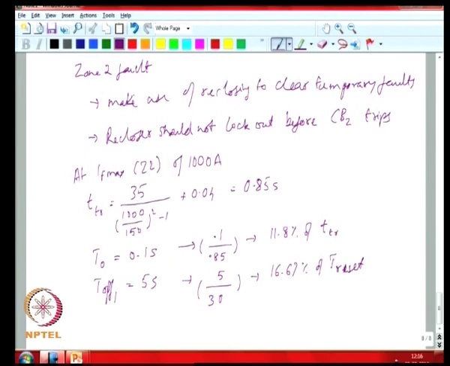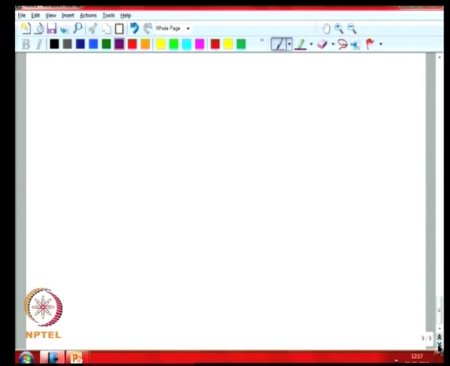Now, if you look at your next action, your close duration 1, TC1 of 0.7 seconds, that corresponds to 0.7 by 0.85 of your circuit breaker.